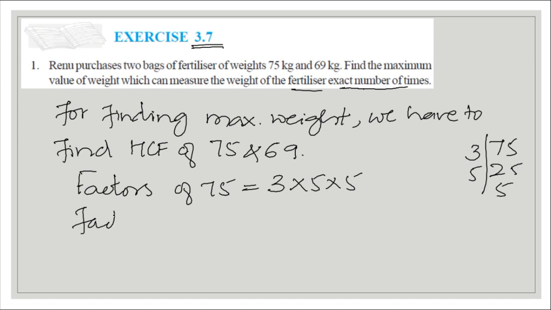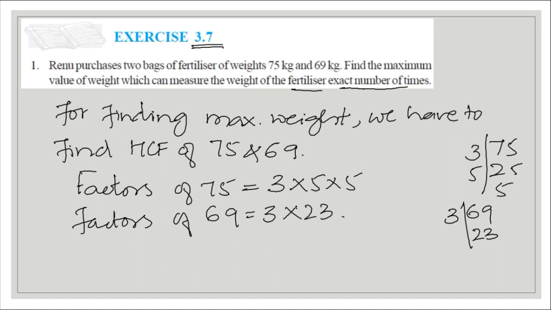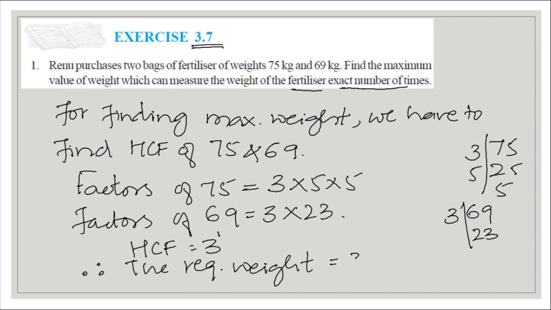And the factors of 69: 69 divided by 3 is 23, so it is 3 multiplied by 23. 23 is a prime number, so here the highest common factor is the number which is common with the lowest power. It is 3 raised to the power 1. Therefore the required weight is 3 kg.